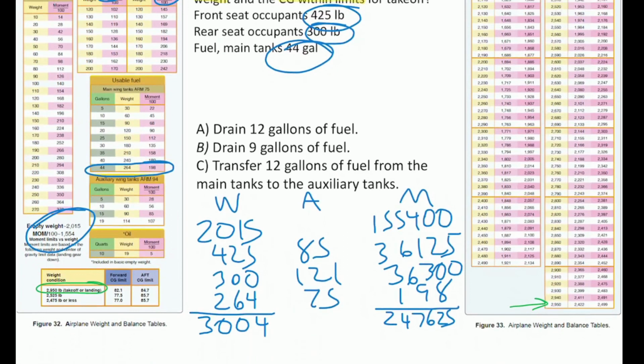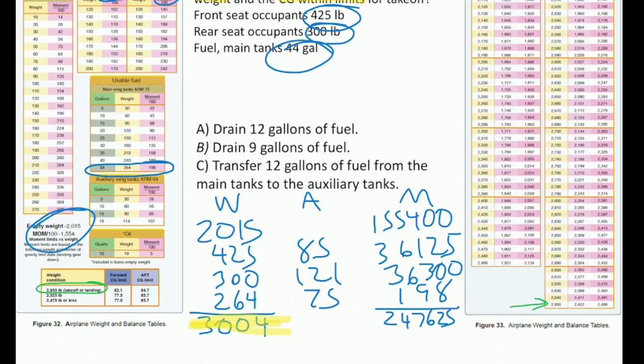So before we do anything else or do too much, let's look at where we're at. The airplane right now weighs 3,004. What's the difference between max gross weight and 3,004?